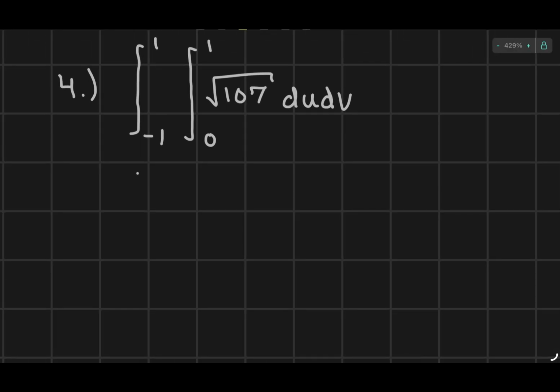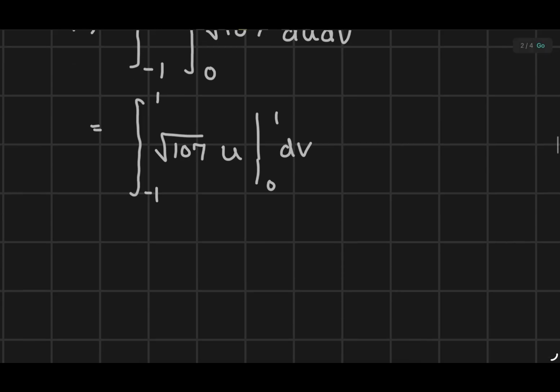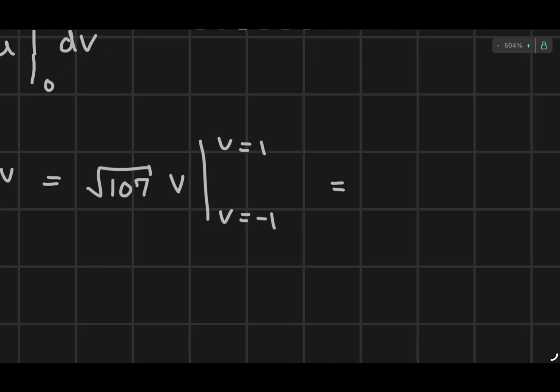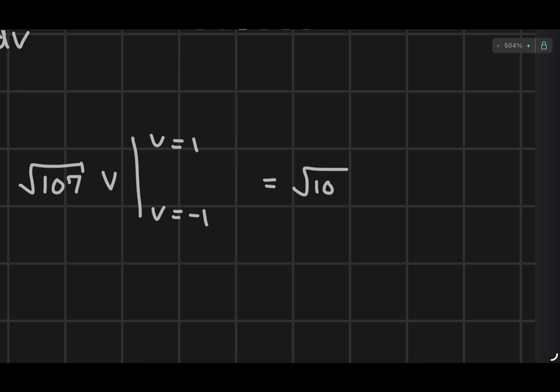In evaluating this, we're going to have the integral from negative 1 to 1 of the square root of 107 u from 0 to 1 dv, which is going to equal the integral from negative 1 to 1 of square root of 107 dv, which is going to equal square root of 107 v from v equals negative 1 to v equals 1, which is going to equal the square root of 107 minus negative square root of 107, so that's just going to be plus square root of 107.